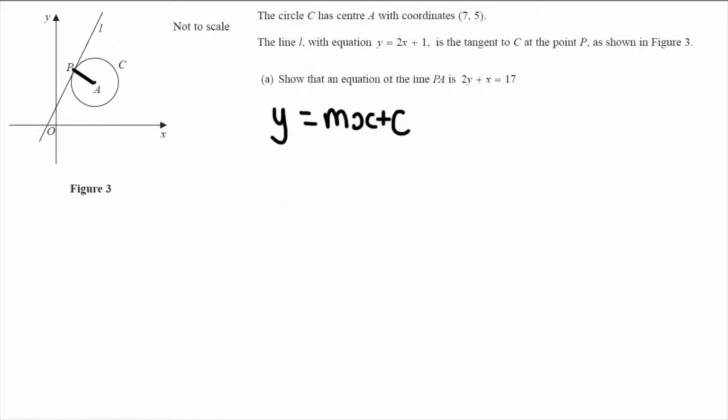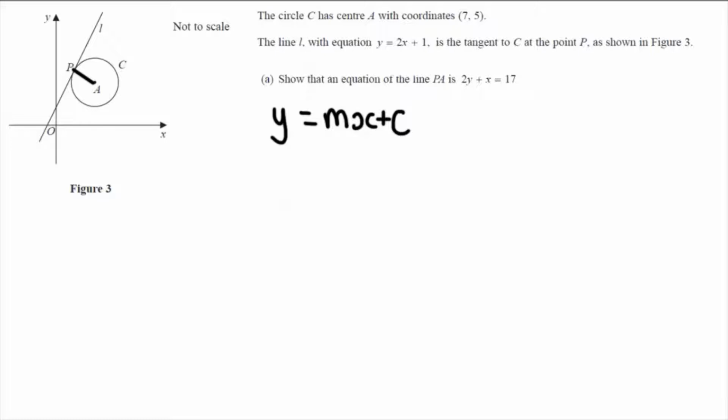Now, can you see that PA is the radius of the circle and it touches the tangent? We know that those two lines must be perpendicular, as where the radius meets the tangent, those two lines are perpendicular. So what else do we know about the gradient of two perpendicular lines?